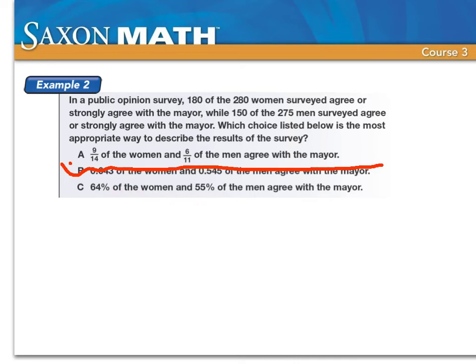So this could be a good way to report it. The only bad thing about the percentages is that these are rounded. So this is really 64 point some percent, and this is really 54.5% or whatever it is. Close to that. So it rounded up. Whereas these numbers are exact. These are reduced fractions up here. But in our heads, the fractions don't make as much sense when we are reporting these.